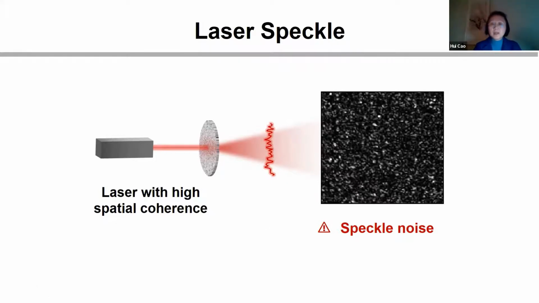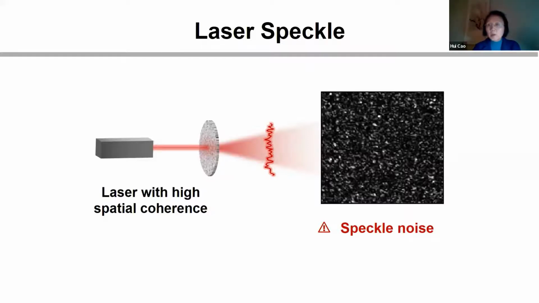Because we know that speckle is generated if you try to image through a scattering medium, or if the object you try to image has some roughness, light will be scattered, and the interference of scattered light will give us this kind of speckle pattern. So that really comes from disorder. Now the question is, can we use disorder to get rid of it?